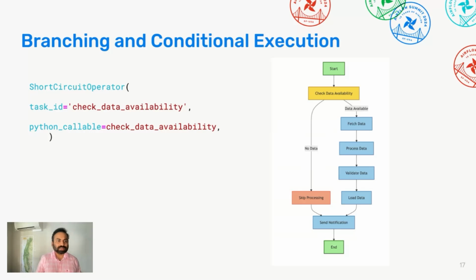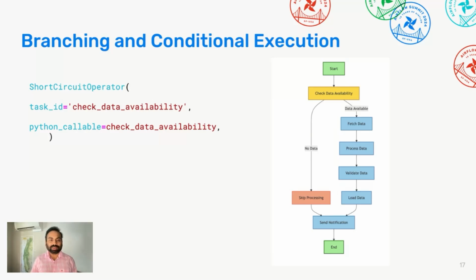There is another branch and conditional operator, which is binary. The previous one could have multiple possibilities. This is a binary operator where adding a simple check, in this case, checks if the data is available or not in a simple branch operator.